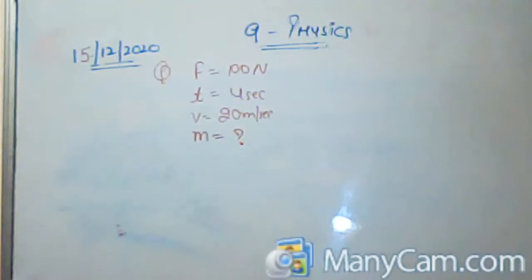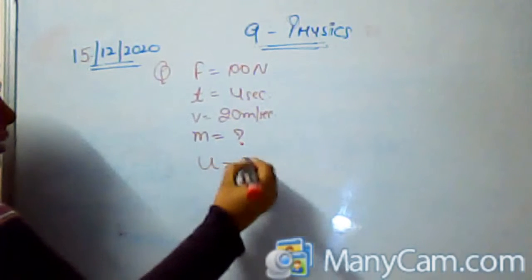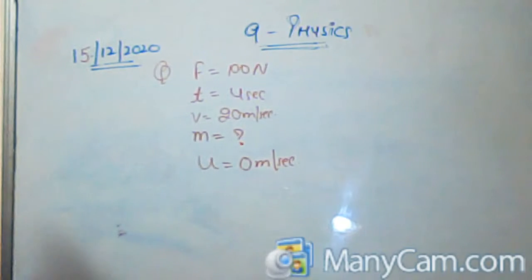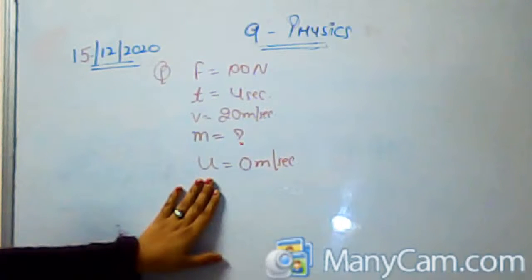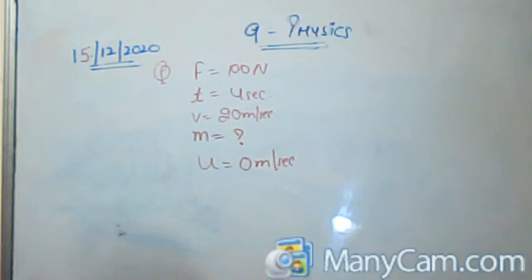At the last it is written the body was initially at rest. If the body was initially at rest, it means initial velocity is going to be 0 meter per second. This was written just in a sentence, so I left it out so that students will see and understand on their own. Still, you have done it very well. Good job. So what we have to find out is mass.